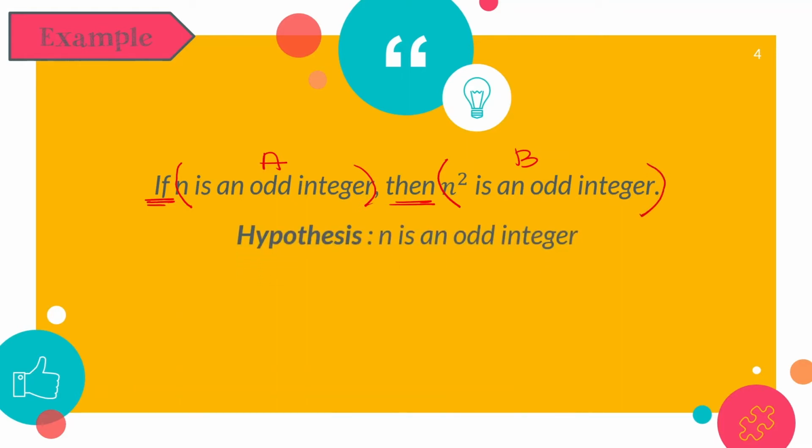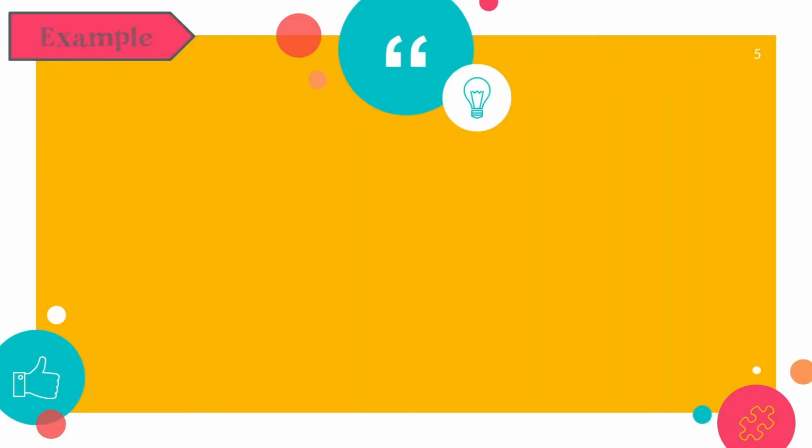So the hypothesis will be n is an odd integer, and the conclusion will be n square is an odd integer. So this is the basic form that you will see in this chapter.